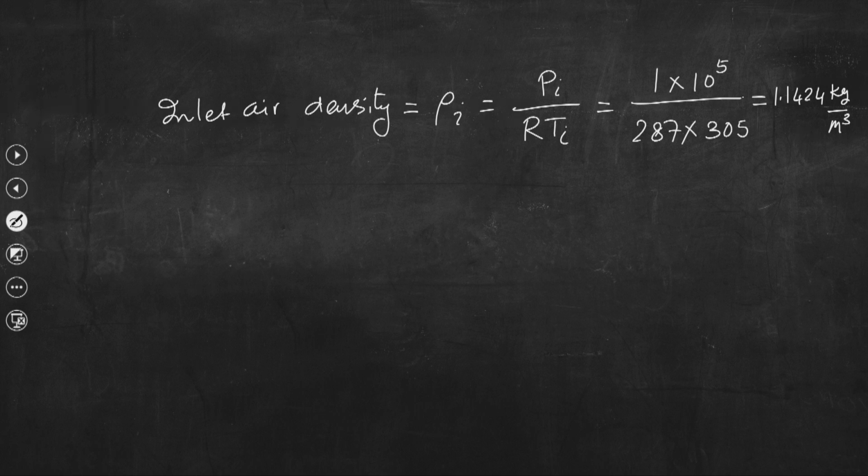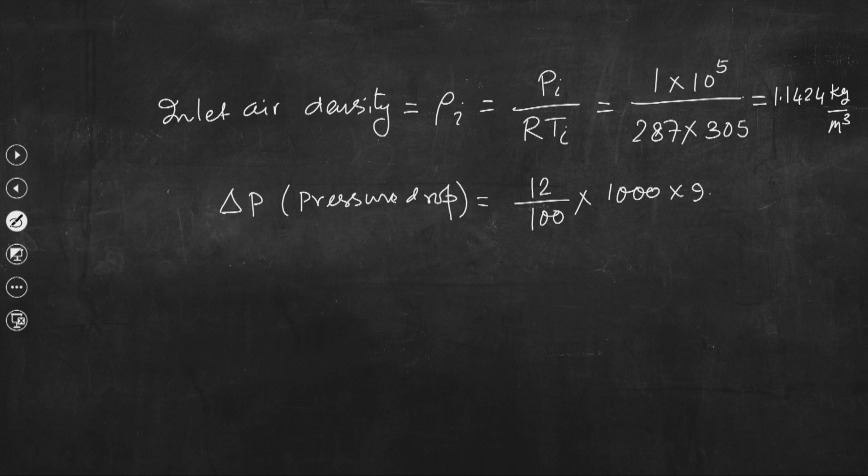From this we can calculate delta P, the pressure drop, equal to 12 by 100 meter into 1000 into 9.81. This is essentially rho g h, where h is 12 by 100, rho is 1000 kg per meter cube, and g is 9.81 meter per second square. The unit should be Pascal. It is coming as 1177.2 Pascal. So, this is the pressure drop.